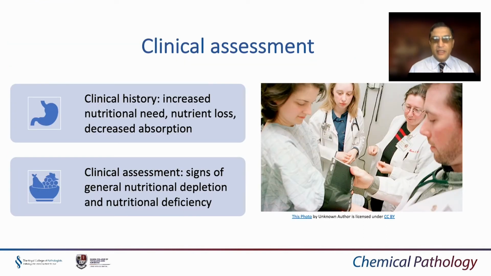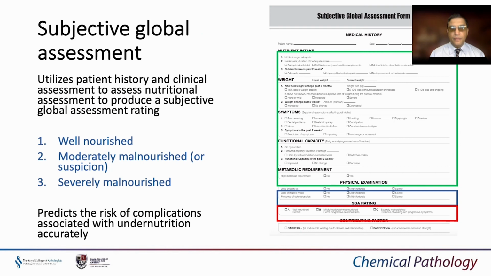Clinical assessment. Clinical history, increased nutritional need, nutrient losses, and decreased absorption can be obtained from patients. Clinical assessment can identify signs of general nutritional depletion and nutritional deficiencies. Subjective global assessment.